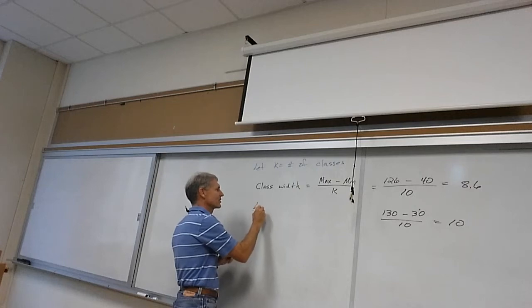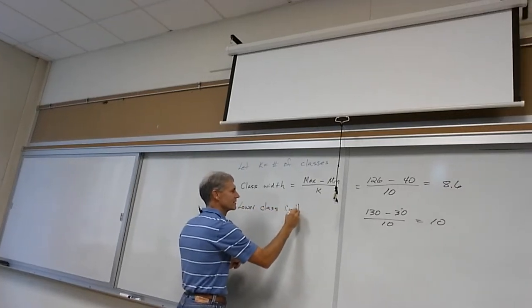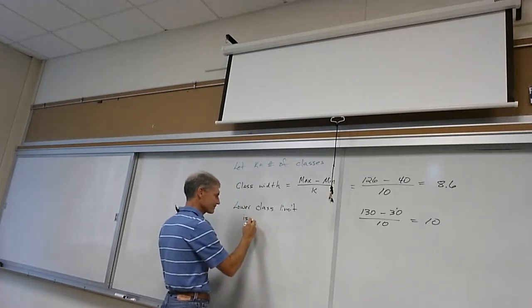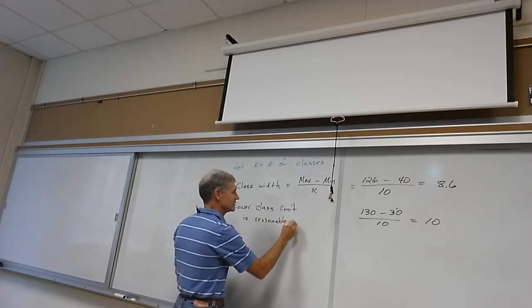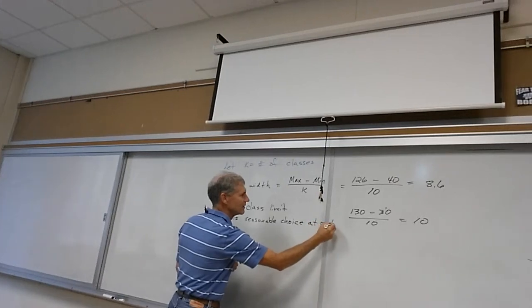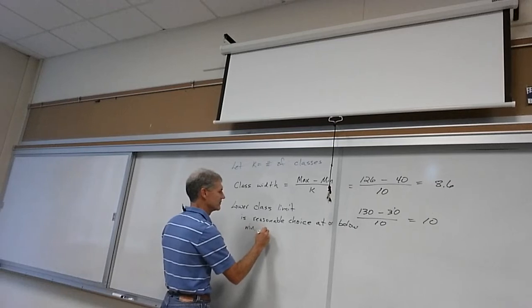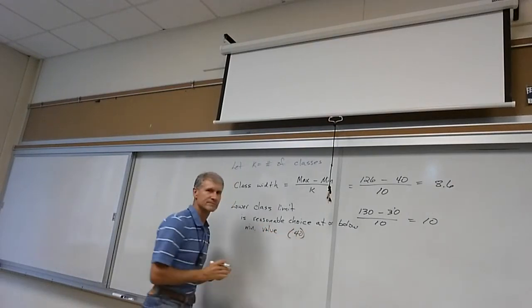So what they call the lower class limit is a reasonable choice at or below the minimum value. In this case, that'll be a 40.